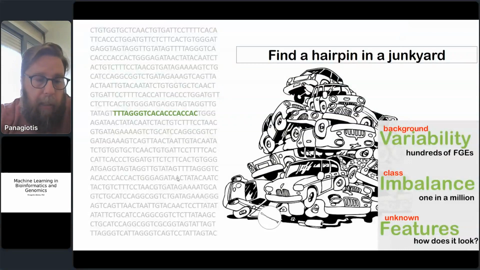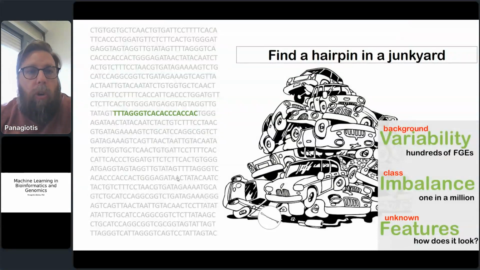Which means that generally in this type of application, we try to care more about precision than about recall or sensitivity. It's fine if you can get every single one, but you really don't want to get false positives.